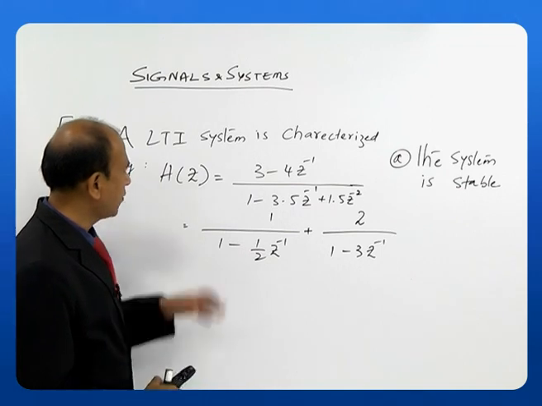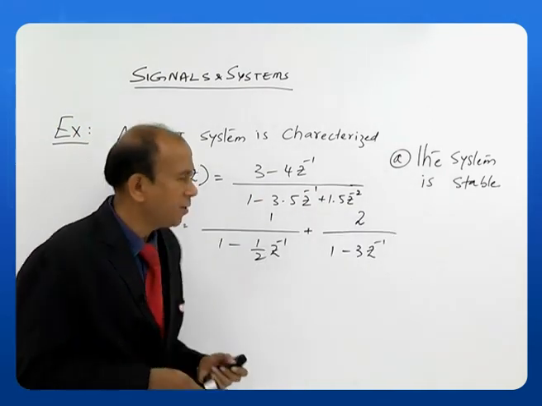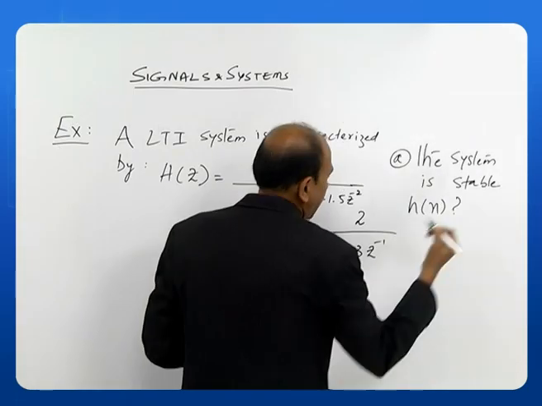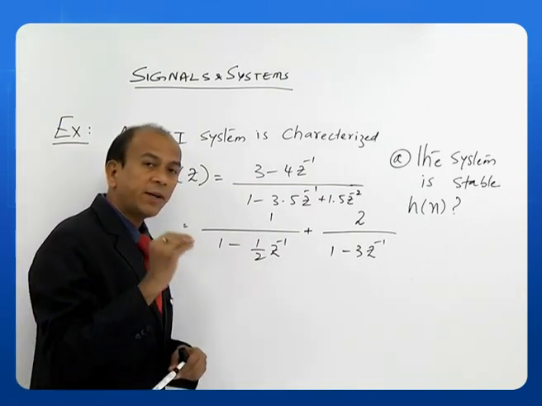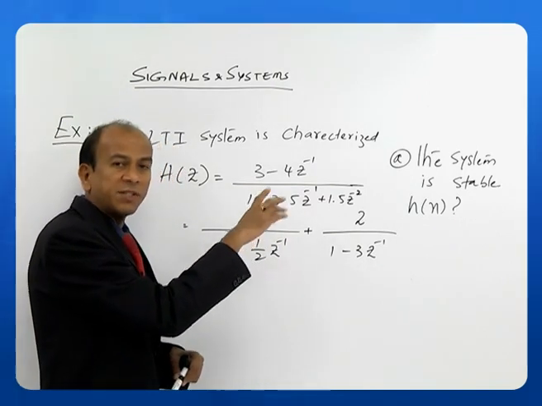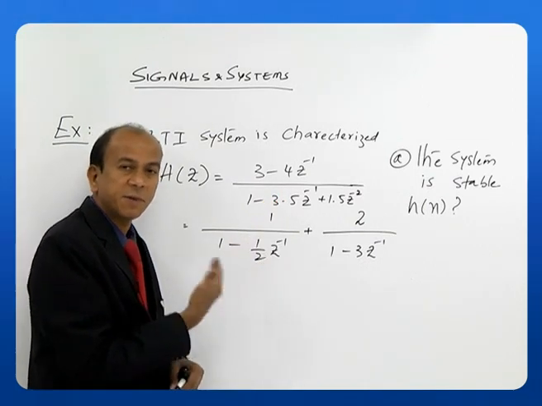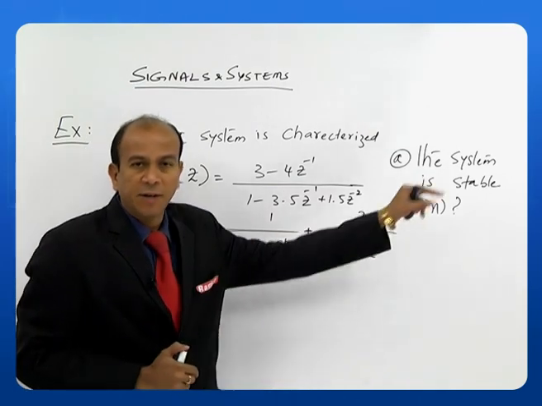Given H of z and given the system is stable, I have to calculate the value of h of n. And probably we can also tell what the condition of the system is, whether the system is causal, non-causal, and all those things can be calculated from this.